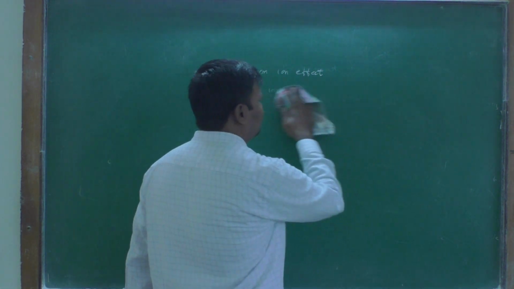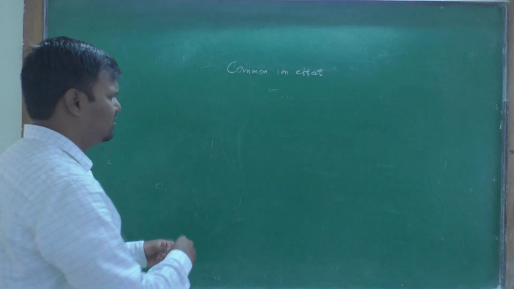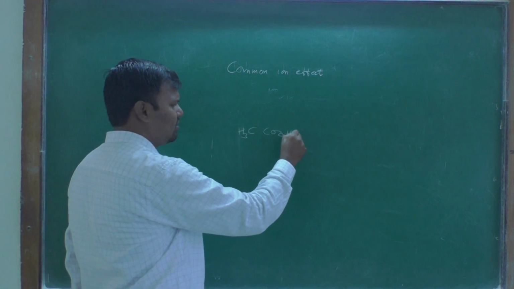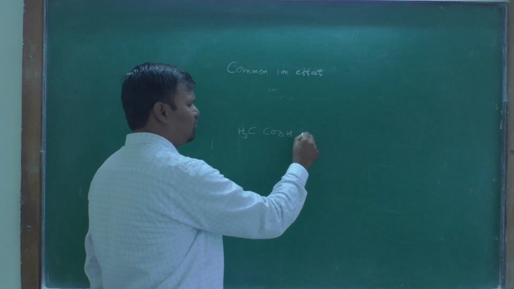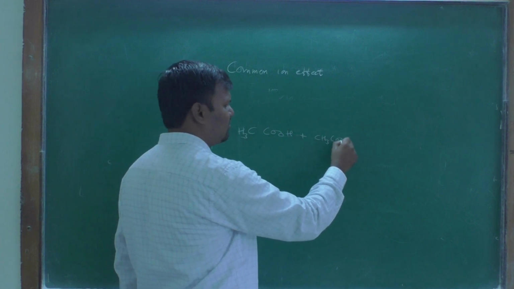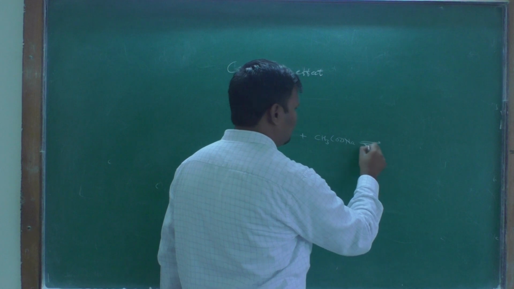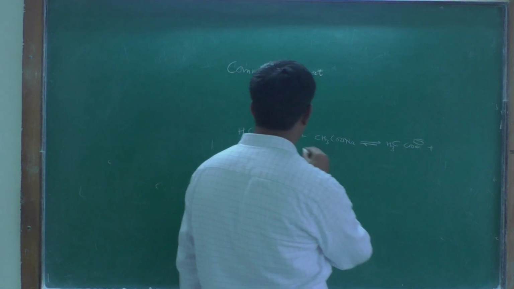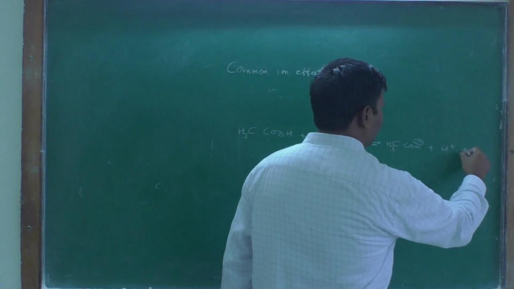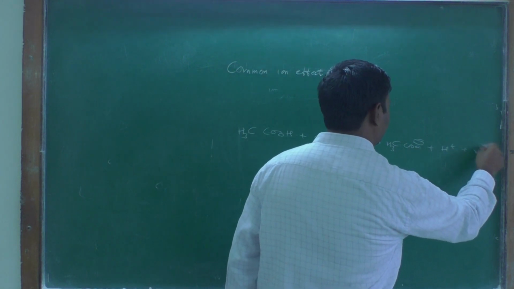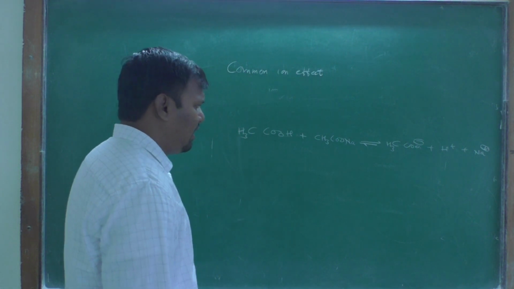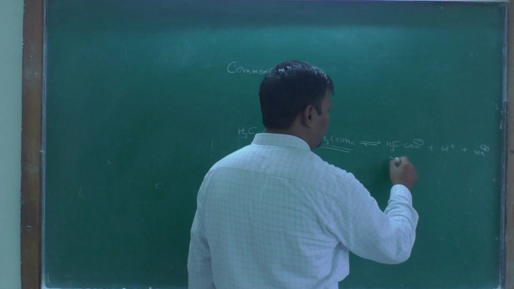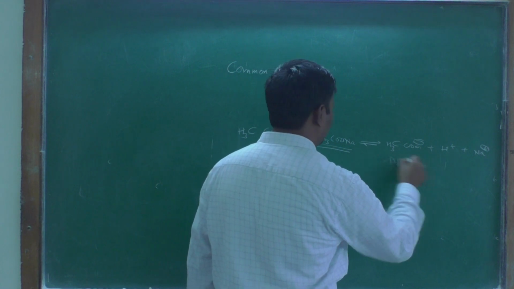Why does this happen? We'll go a bit deeper into this. When you add the strong electrolyte with the common ion, it gives CH3COO minus and Na plus, and this molecule dissociates almost completely because it is a strong electrolyte.